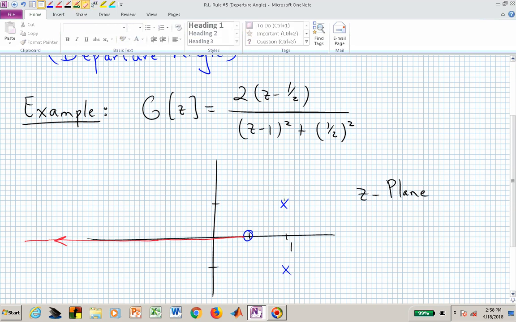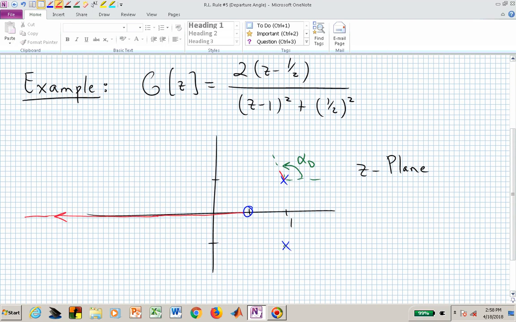I'm meaning the 2 angles and their mirror images of each other: is that departure angle, alpha sub d, bigger than 90 degrees? And if it is, this indicates the angle immediately after leaving the pole that the branch makes with that positive real line segment, and we would have its mirror image down here.